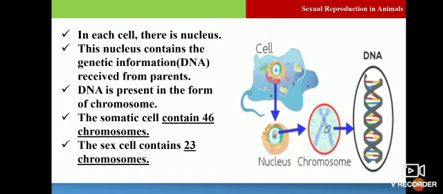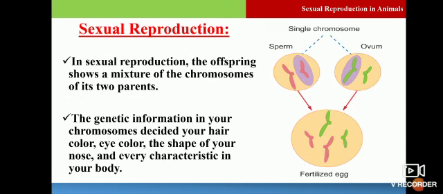Once the ovum, which contains 23, and the sperm, which contains 23, combine together, how many chromosomes does it become? The number of chromosomes becomes 46, which is the body cell for you. It undergoes mitosis, the process by which this cell, the zygote, will increase in number to reach trillions of cells to form your body.